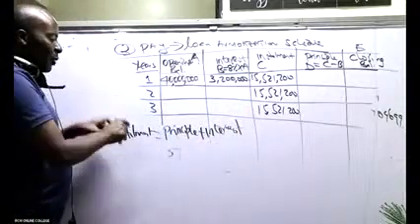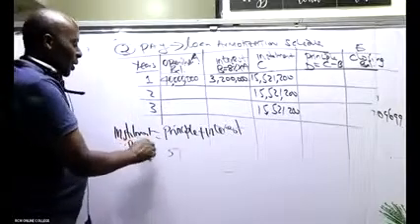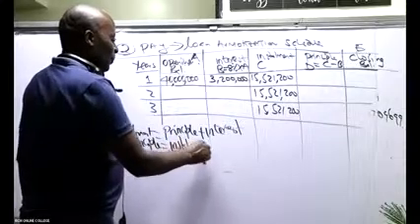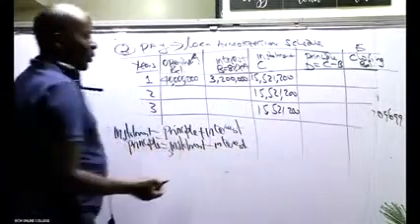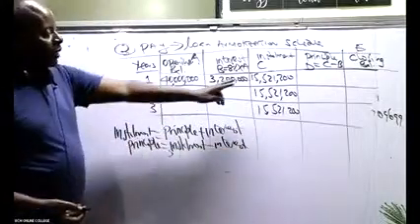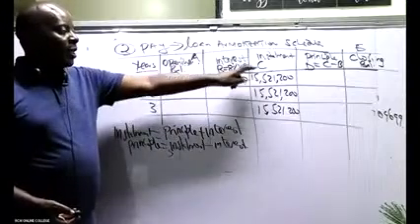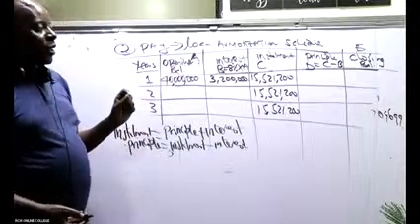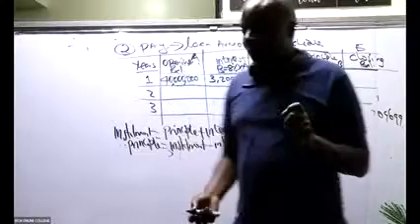Now that I have installment and I have the interest, to get principal is very easy. To get principal, I will take the installment minus interest. So I will take the installment that I have paid minus the interest. So basically, I'm taking column C minus column B. In this case here, 15,521,200 minus 3.2 gives me how much principal?